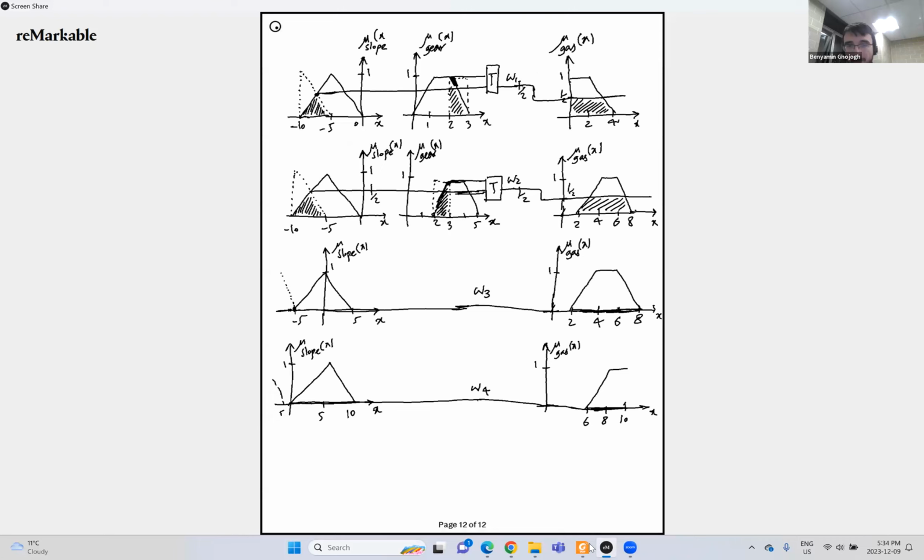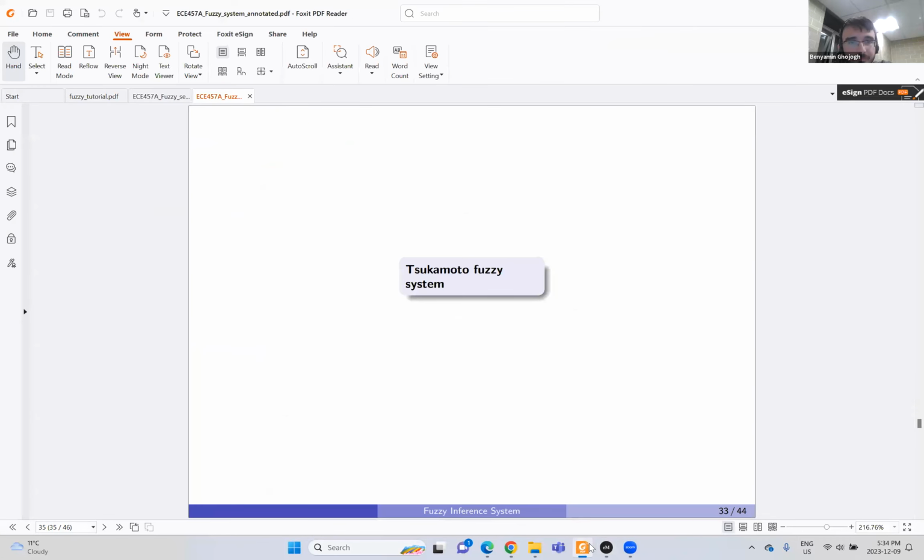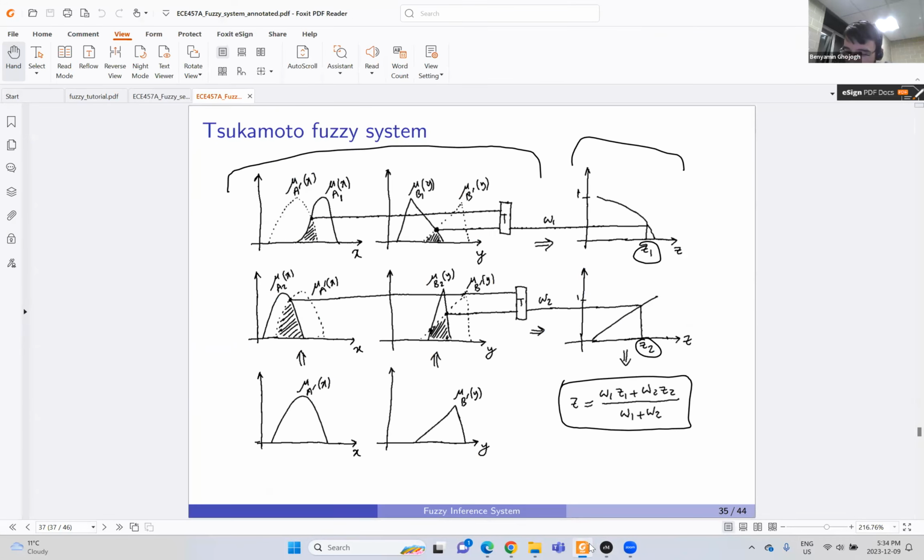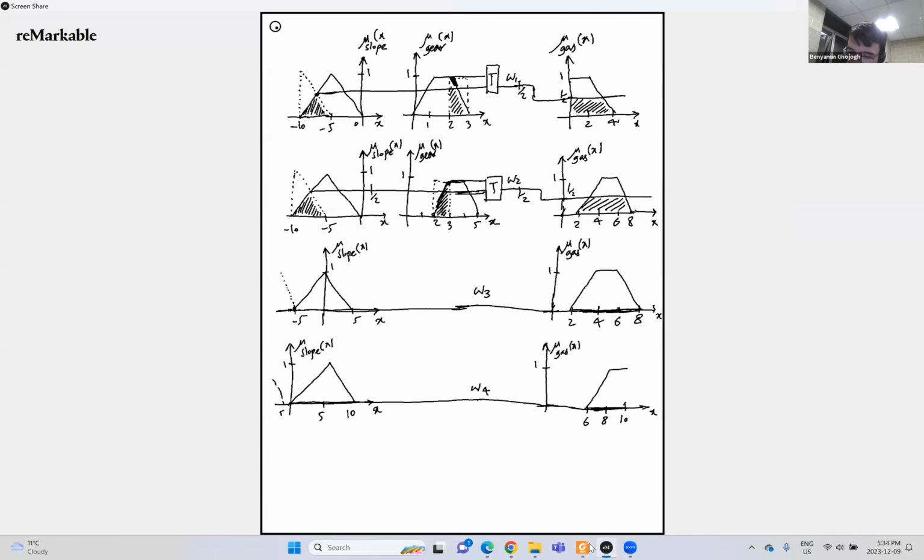What about for Tsukamoto? Here for Tsukamoto, our membership functions for the output need to be monotonic. Assume this is a monotonic function.